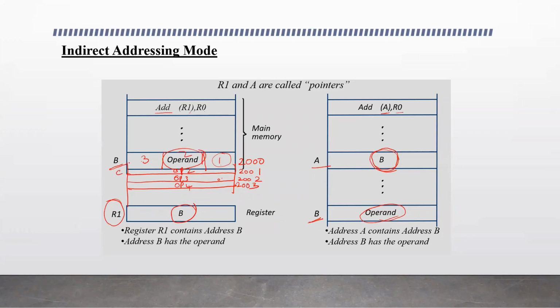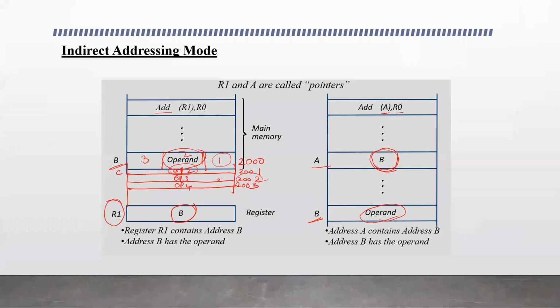One reference to memory is needed to find the first operand. At location B, we find the operand, and the address is automatically incremented. When it is incremented, we get the next operand at location 2001, and again it is incremented.